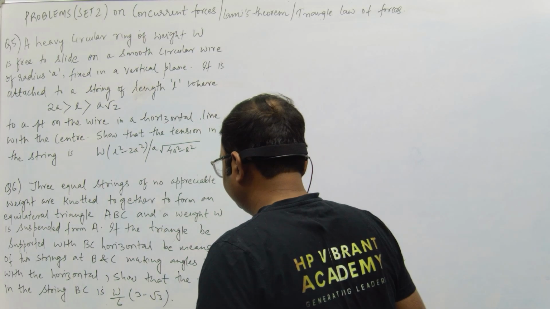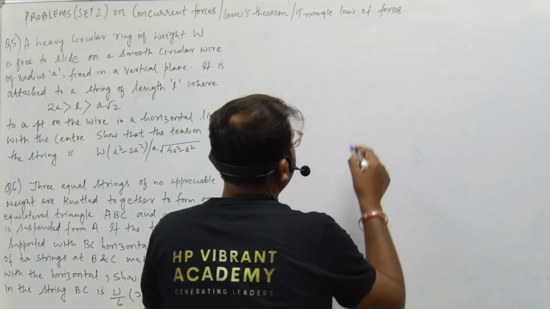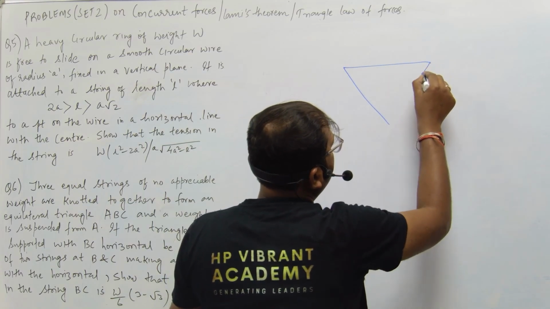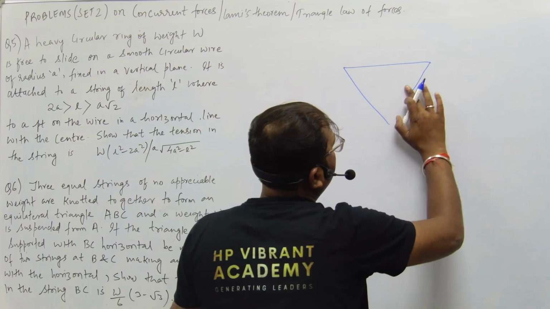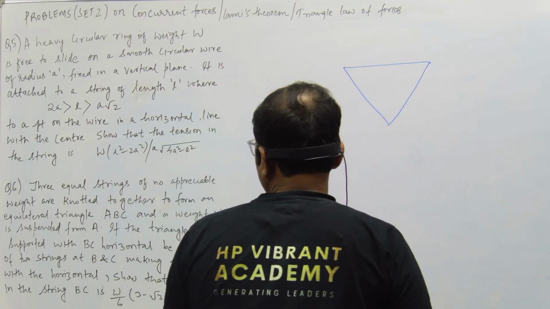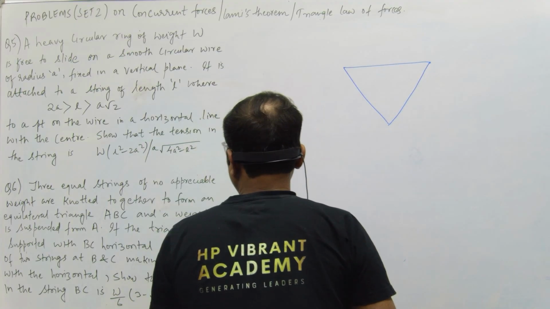So we have three equal strings. Let us draw this. Three equal strings of no appreciable weight, and the triangle is ABC.